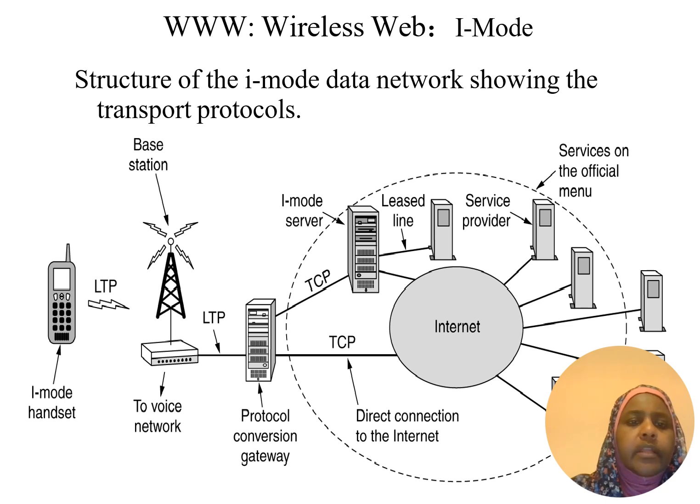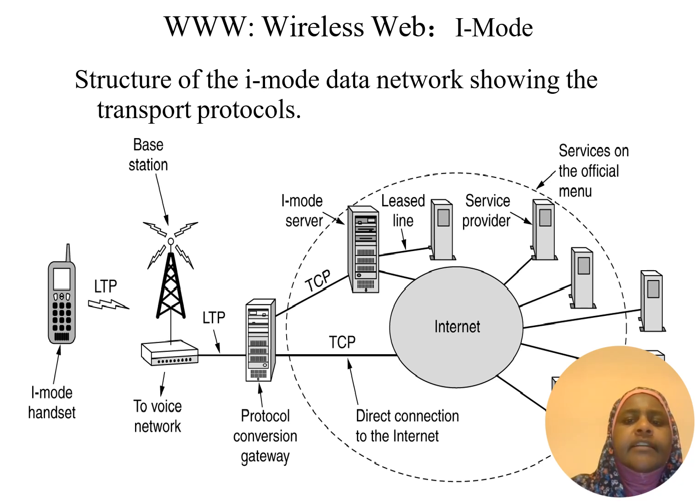The i-mode, on the other hand, has a much more complicated architecture where there is an i-mode handheld device connected to a base station. The base station is connected to a voice-to-network router that is connected to a protocol conversion gateway. The protocol conversion gateway is connected through a TCP connection to the i-mode server. The i-mode server is connected with a leased line to the service provider, and the service provider is connected to other service providers from the official menu.